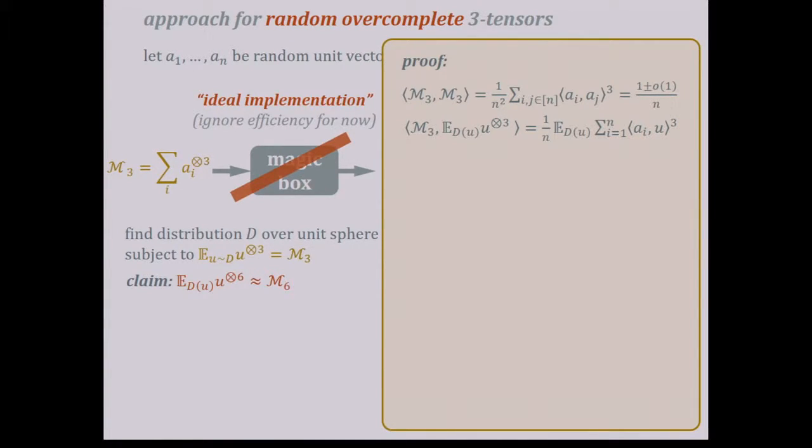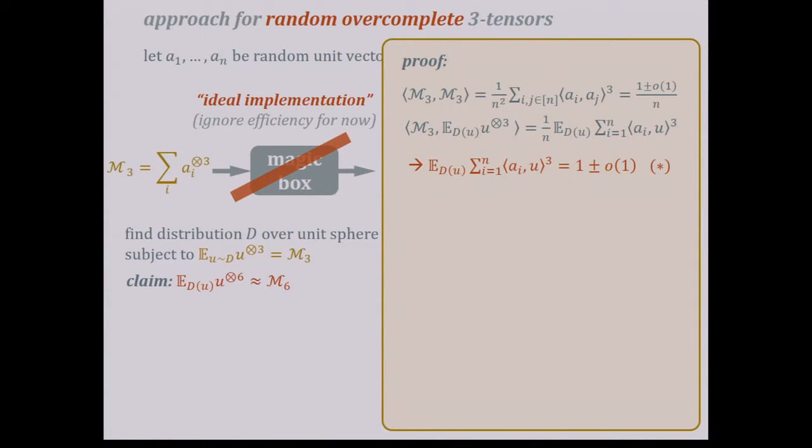If we take the inner product of the third moments M of the vectors with itself, this will be a number roughly 1 over n. But if the distribution has the same third moment, then these two inner products have to be the same, and this inner product turns out to be the expectation under distribution D of this polynomial normalized by 1 over n.